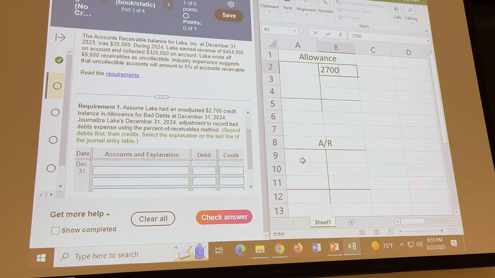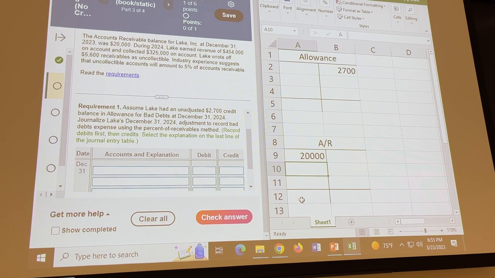Then for accounts receivable, the beginning balance, December 31st, 2023, was $20,000. Then during 2024, Lake earned revenue of $454,000 on account.